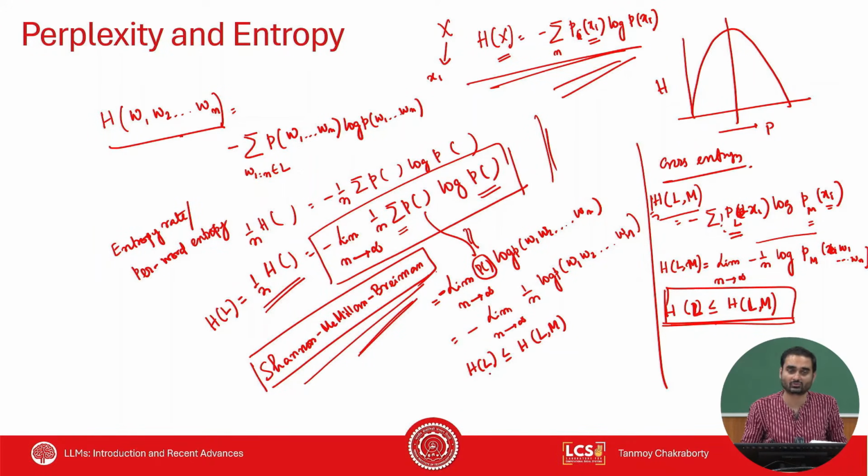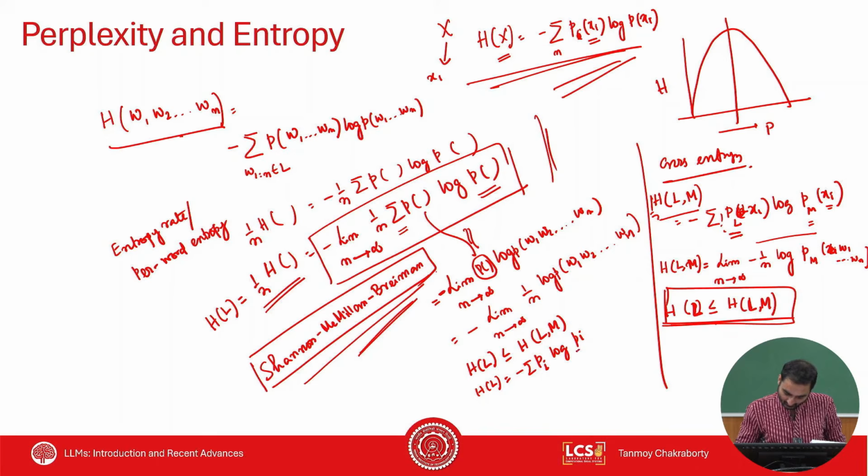What is L? L is the true, the oracle language event. And what is M? M is the model. Can you prove this? What is H of L? H of L is minus sum of Pi log of Pi.